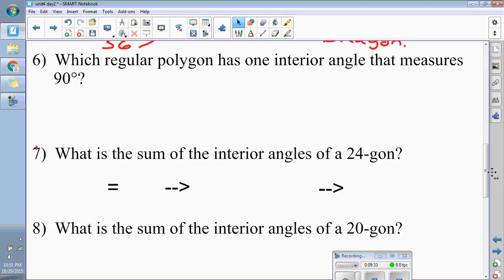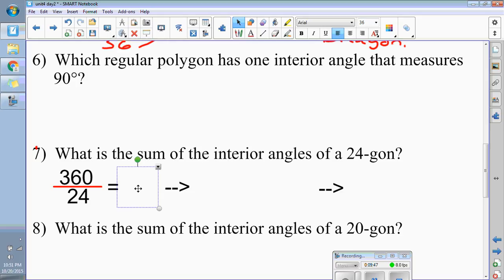Now, if that doesn't resonate very well for you, there's an alternative. We can, again, think about the exteriors. If we take 360 degrees and divide it by the 24 sides, we end up with 15 degrees for one exterior angle. But again, we're talking about interior angles, so we're going to say 180 minus 15.